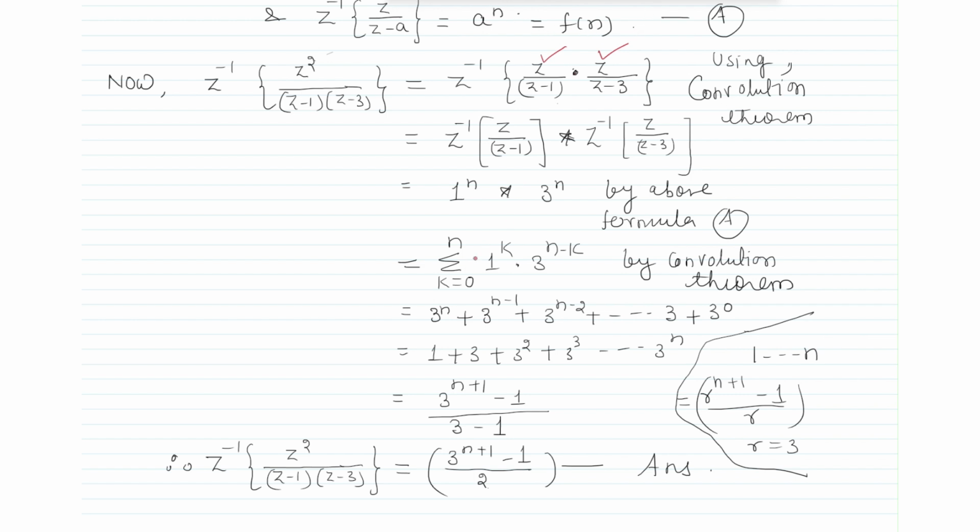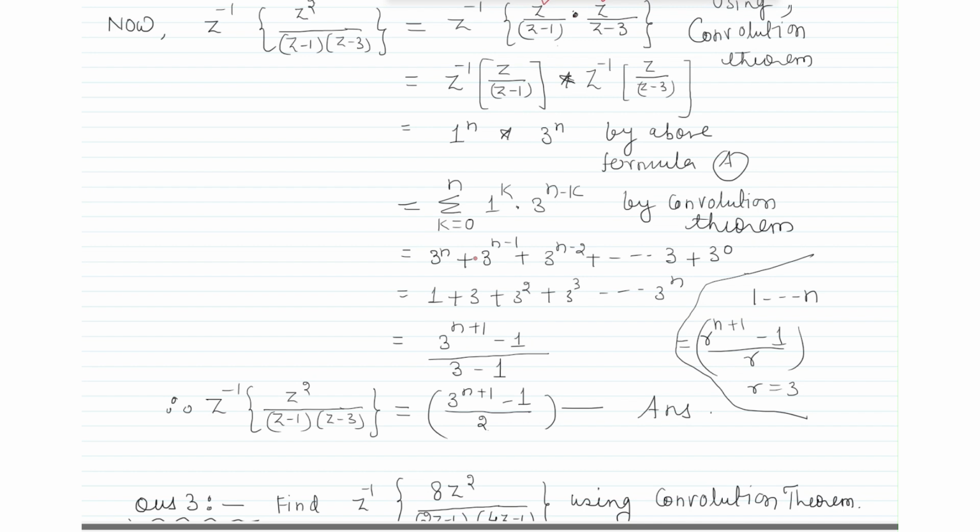So now, to remove this star, we have to use the convolution formula. So what is the convolution formula? This is equal to summation k equals 0 to n of 1 to the power k into 3 to the power n minus k, because in the second sequence we always replace n by n minus k.